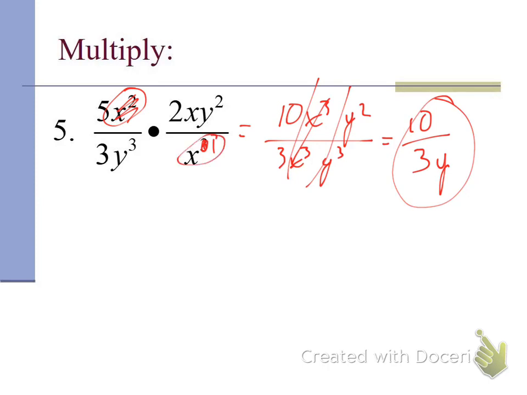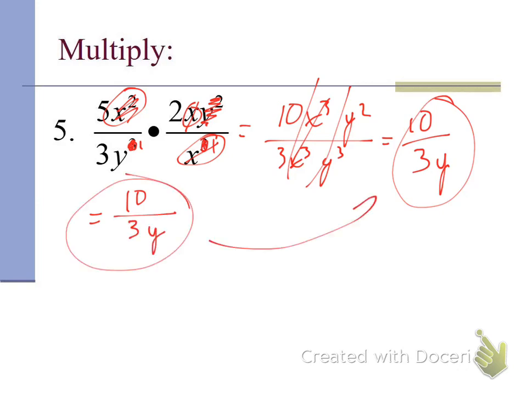And then you have an x to the first here and an x here that will divide out to 1. And then your y's. Cross simplify here. There's 2 y's here that we're going to divide out, reducing this by 2 y's, so you get y to the first. And so you would multiply straight across now. 5 times 2 is 10. In the denominator, 3 times y is 3y, and this is the same that we got over here. So cross and vertically simplifying work as well.